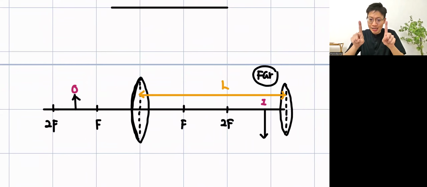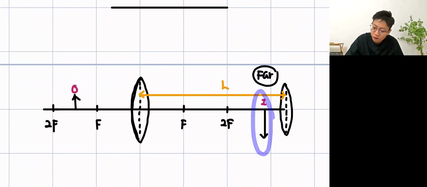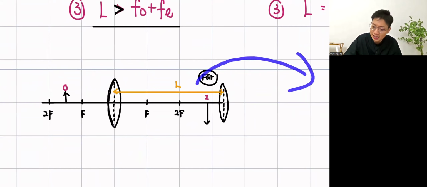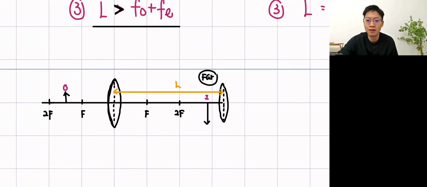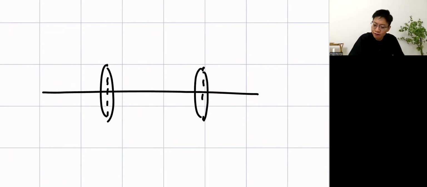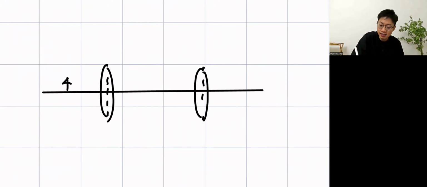So my lens must be far enough so that my image can form here. If my image forms outside of my lens, then this lens is useless. Okay, let me draw one more, like that. After the first lens, I call this the objective lens. Where should your image be? Can your image be here or not?